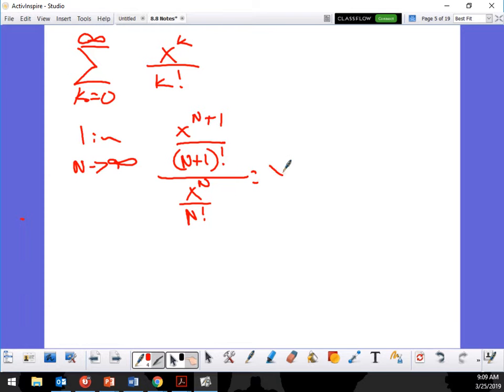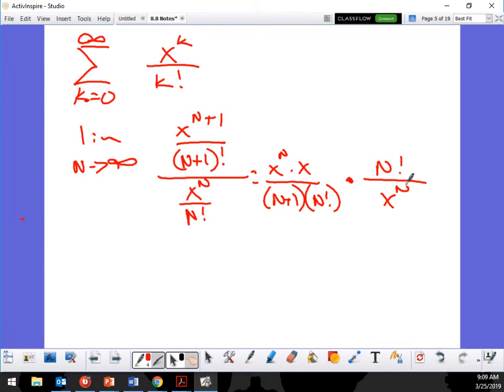That's going to turn into x to the n times x over n plus 1 times n factorial, times, on top, n factorial over x to the n.